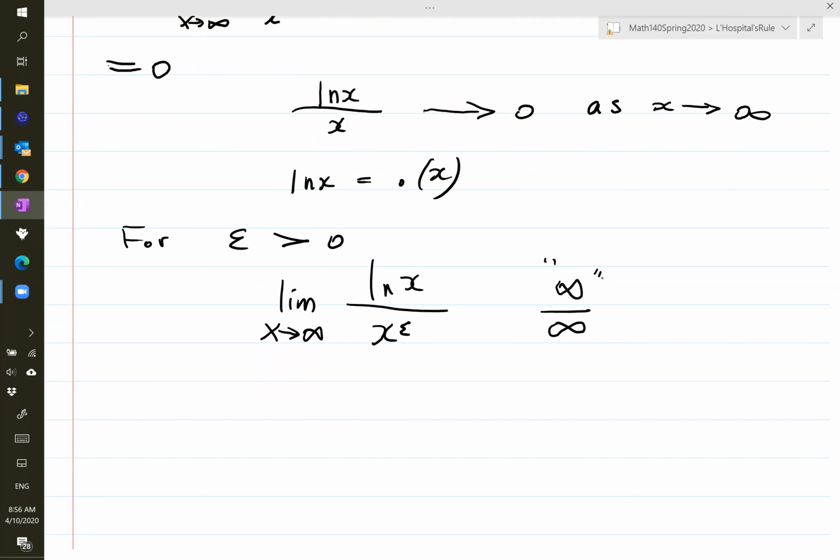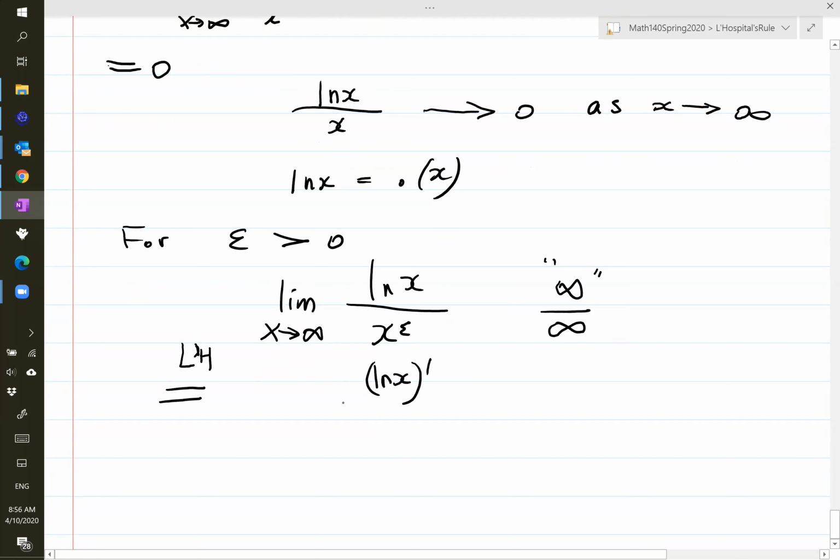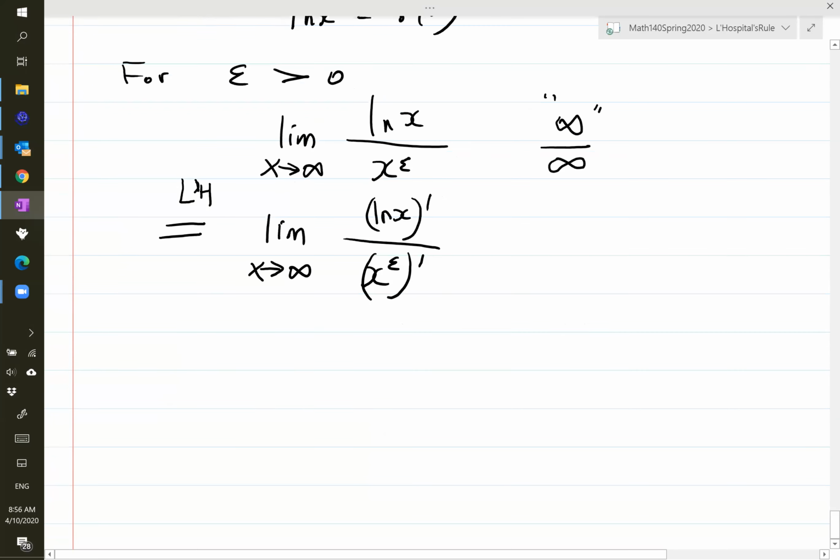So we can apply L'Hopital's rule. We get the log x derivative over the x to the epsilon derivative. The log x derivative is 1 over x. For x to the power epsilon, using the power rule, we get epsilon times x to the power epsilon minus 1.